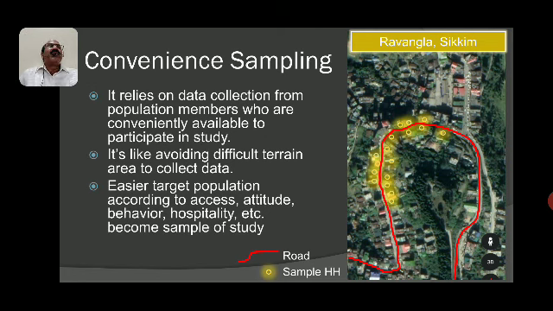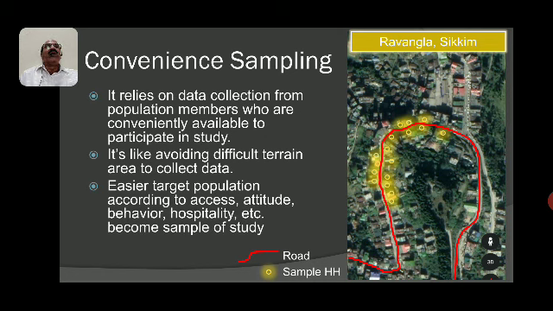So that time, some of the students collected data. And as they had to be near the road, they collected data from the houses which are close to the road. So it was only a convenient household to be surveyed.